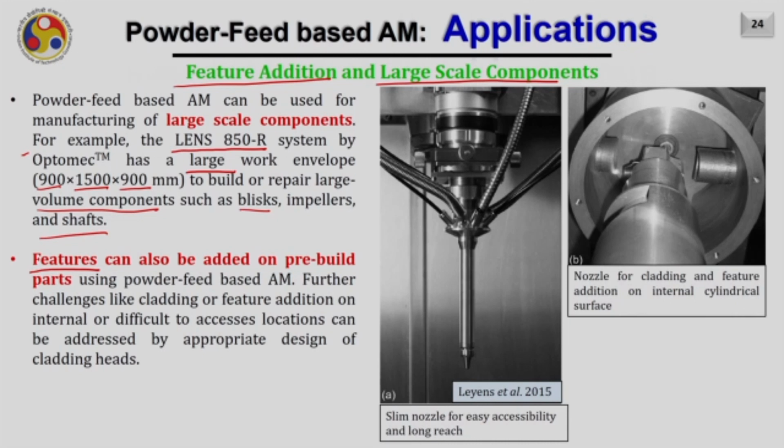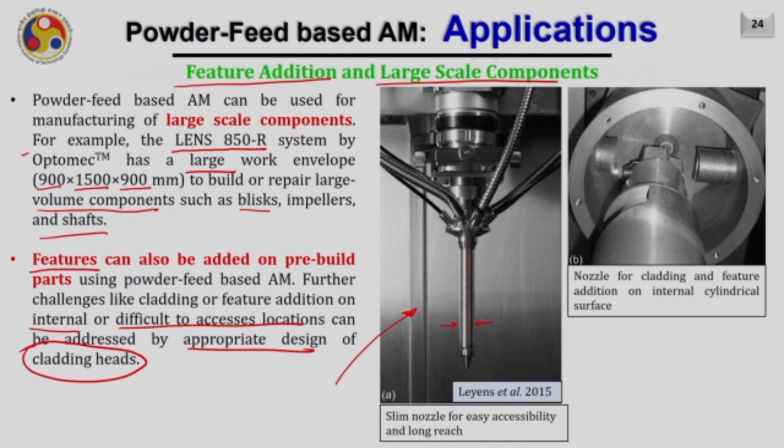However, further challenges like cladding or adding a feature at internal or difficult to access locations can be addressed by appropriate design of the cladding heads. If you see this particular head, the nozzle is very long and the diameter is quite small.